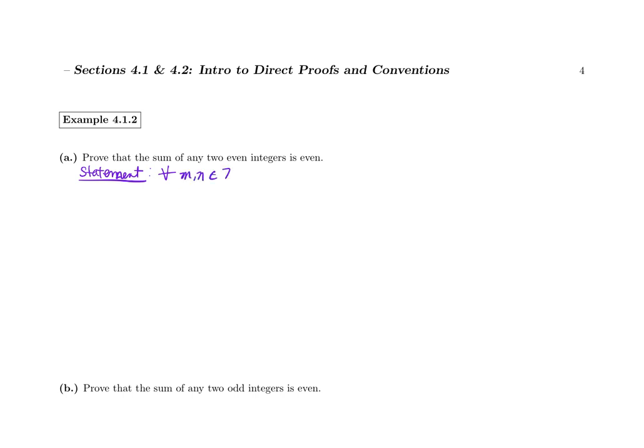So for all m and n in the set of integers, if m and n are even, then their sum, m plus n, is also even.